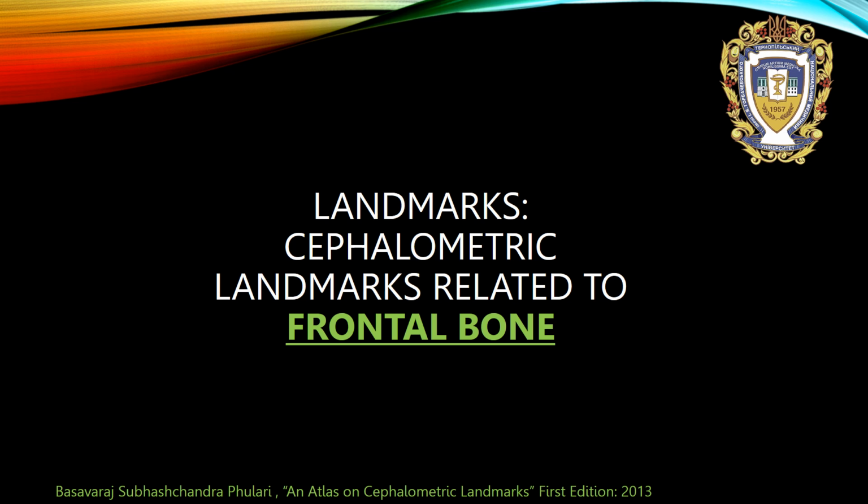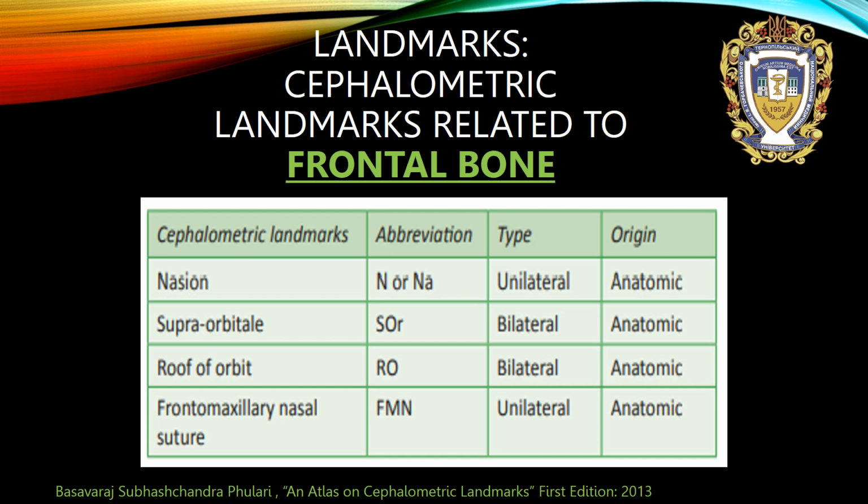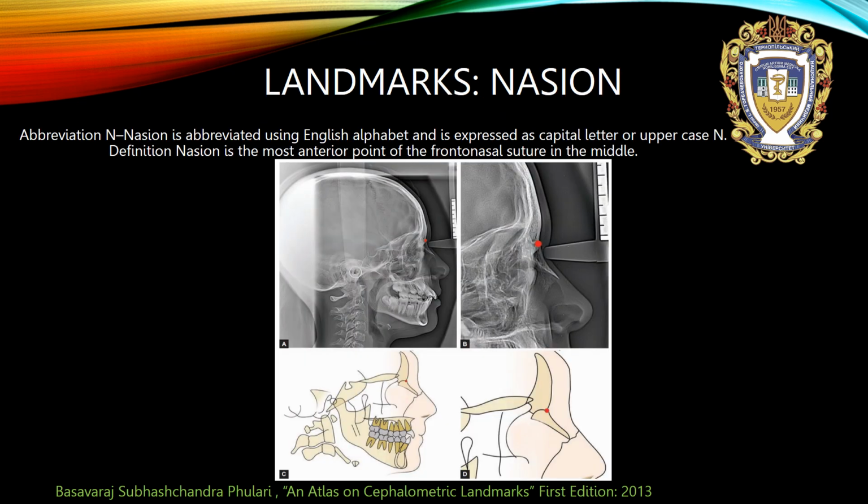And now let's talk in more detail about different groups of cephalometric landmarks. Cephalometric landmarks related to frontal bone. As you can see, there are only 4 landmarks. First one, the most important, nasion.